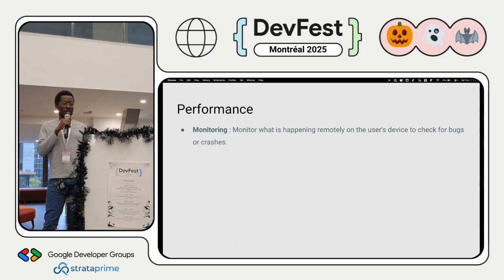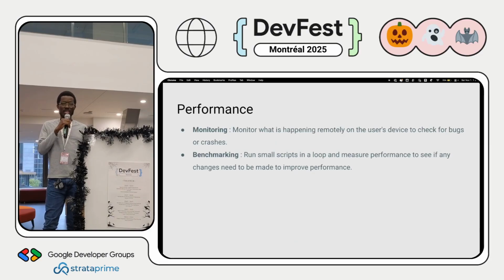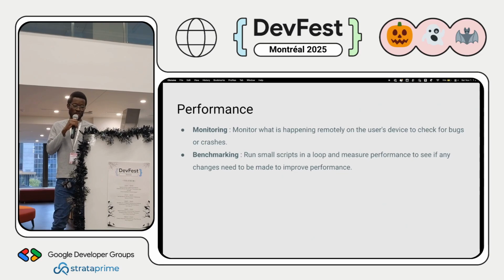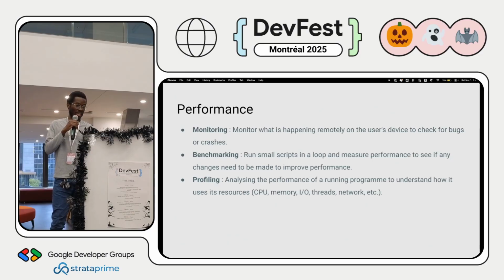Also, when we think about performance, we think about benchmarking. Benchmarking is when you run some small script in a loop, right, in order to measure the performance, and you make some change in order to make some improvement. And the last thing when we talk about performance is profiling.